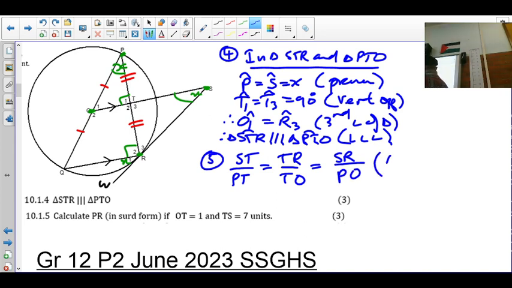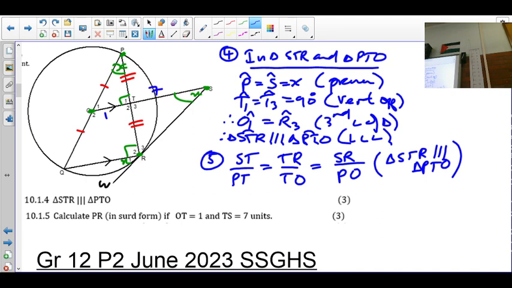Why? Because triangle STR is similar to triangle PTO. So let's look at it. If you look at OT, OT is 1. So I can calculate QR if needed. It's going to be 2 because of the midpoint theorem there, but it doesn't look like I need that. Then TS is 7.